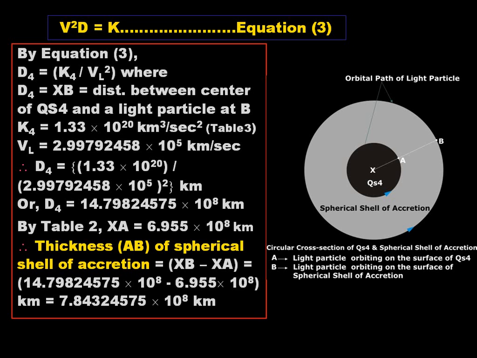Therefore, d4 is 14.79824575 into 10 to the power 8 kilometer. But by table 2, xa is equal to 6.955 into 10 to the power 8 kilometer. Therefore, thickness AB of spherical shell of accretion is equal to xb minus xa, which is equal to 7.8432455 into 10 to the power 8 kilometer.